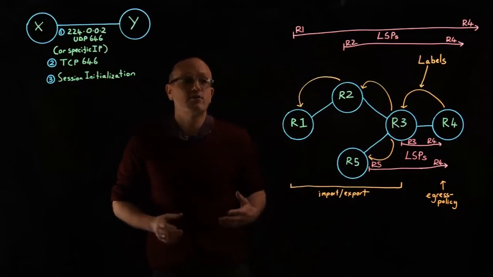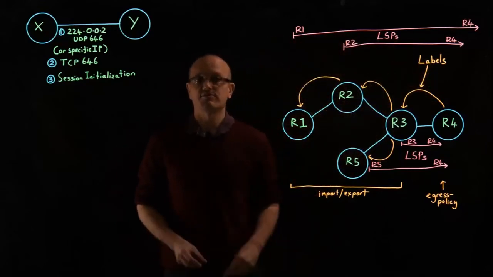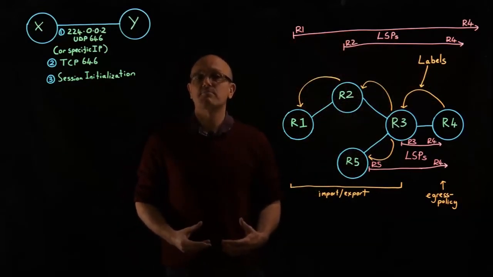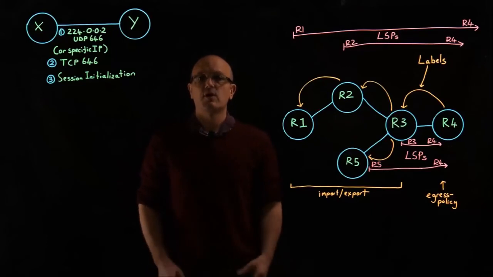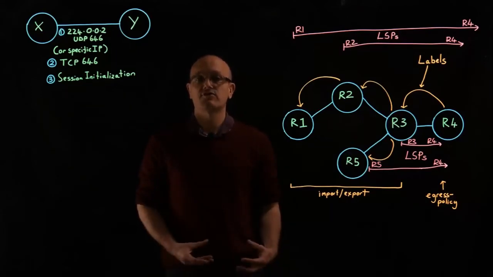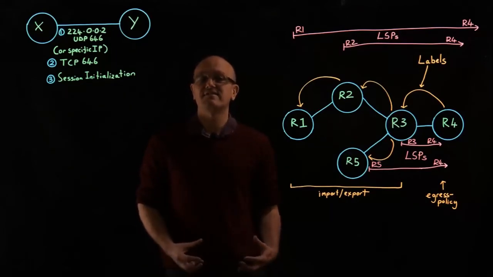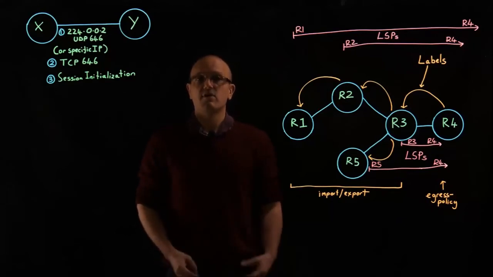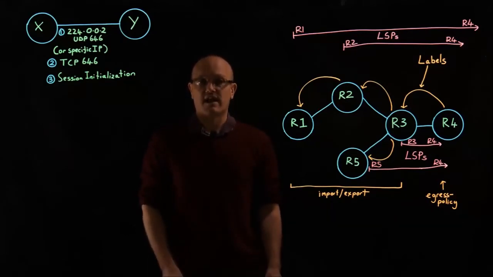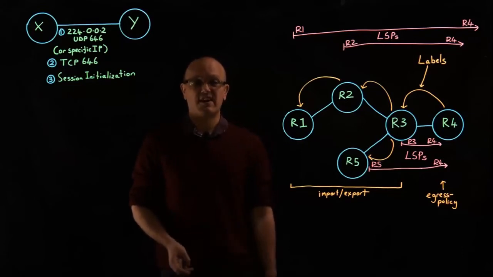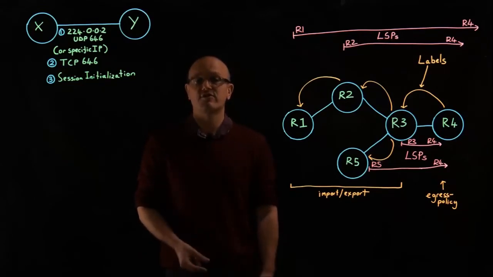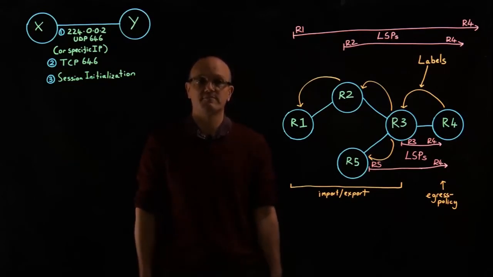So before we get on to analysing the flow of labels, it's worth highlighting a point of terminology. Within LDP, we have the concept of a FEC, or a forwarding equivalence class. And this is a set of destinations that share the same common forwarding.